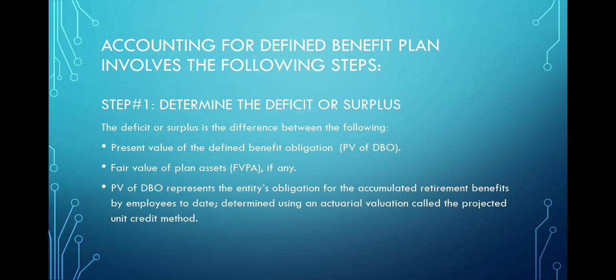I just remembered, DBO is actually defined benefit obligation. Present value of DBO represents the entity's obligation for the accumulated retirement benefits by employees to date, determined using an actuarial valuation called the projected unit credit method.